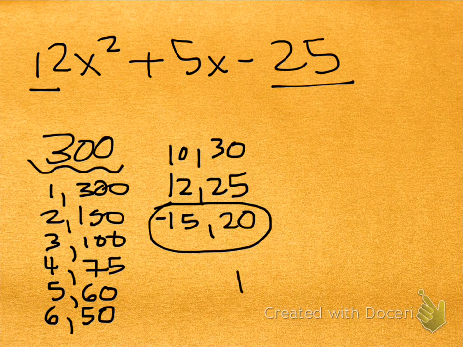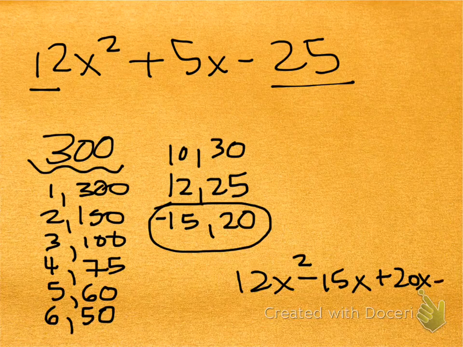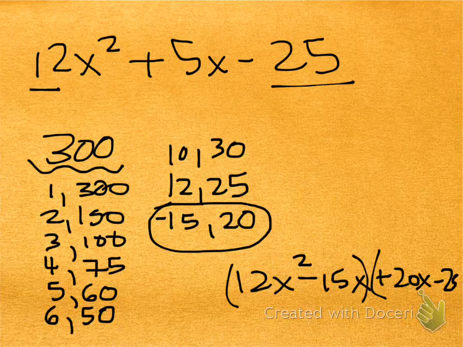So we have our first term, plus, actually we probably want to put the 15 first and then the 20. But we have a grouping now of 4 terms, so we're going to group the first 2 and the second 2 and take out what they have in common.